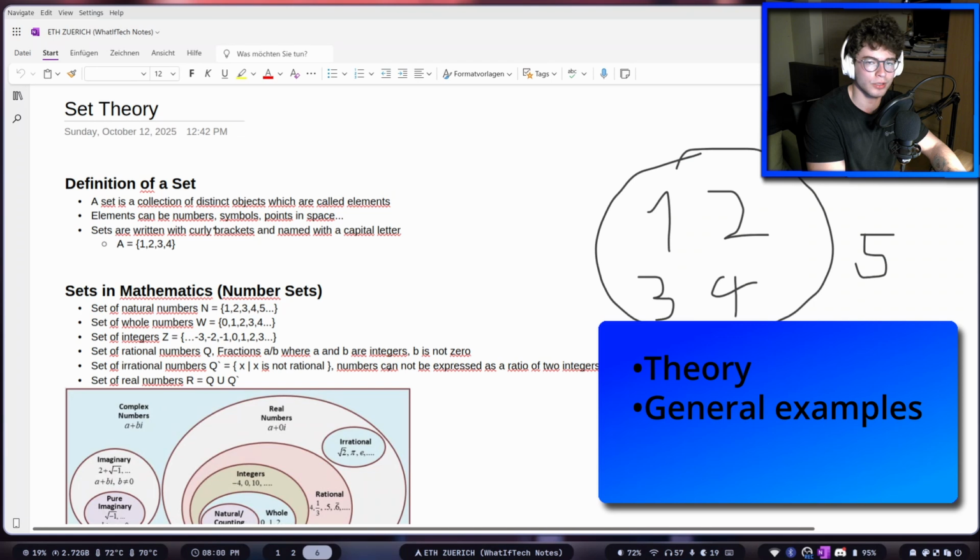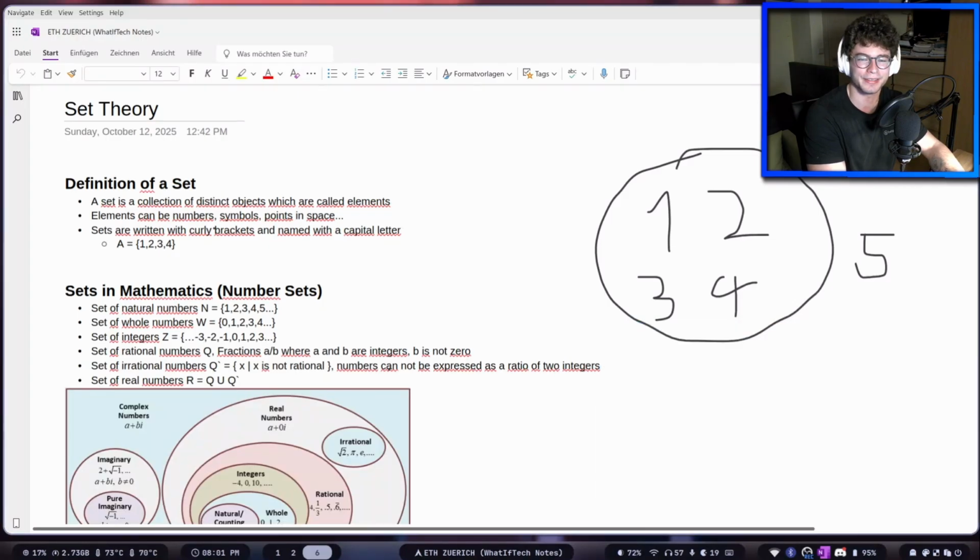And after that, we will go over some ETH Zuerich examples, but in this video, set theory is not that relevant for the examples that will be on the entrance exam. It's most likely in the task description mentioned like a set of values that is allowed in your solution. That will be the structure of the videos in this series.